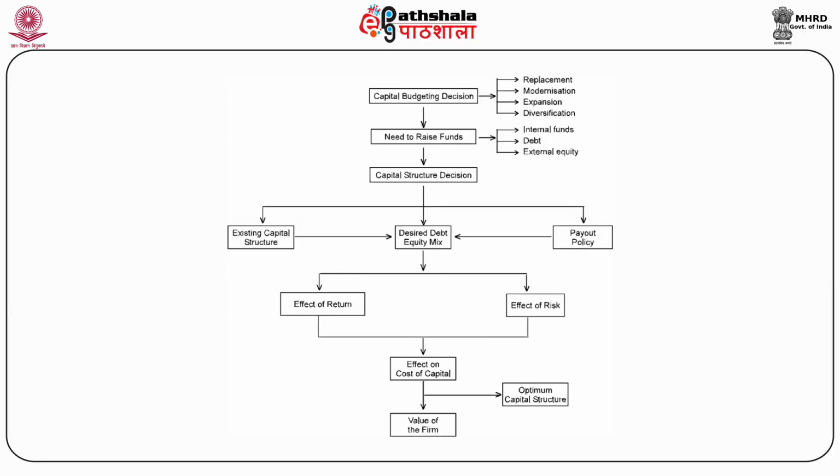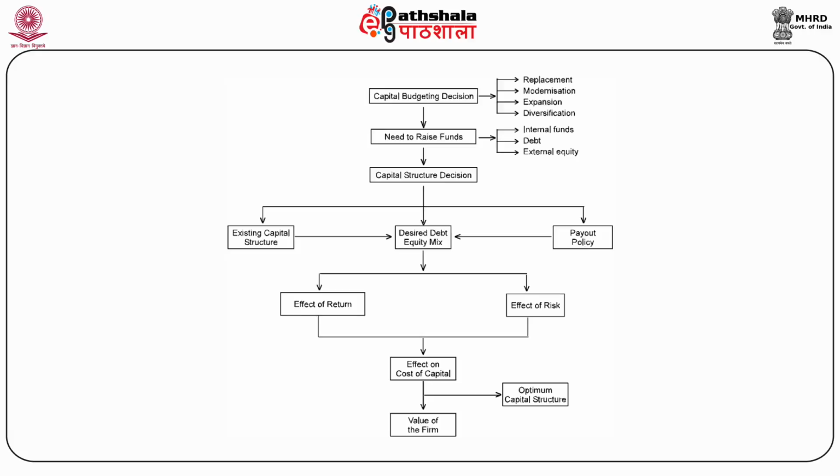The figure shows the relevance of capital structure both in raising of funds as well as their utilization. While taking the decision about capital expenditure, the project which offers minimum cost of capital should be accepted. Similarly, raising funds for long-term and short-term purposes also bears the minimum cost of capital.